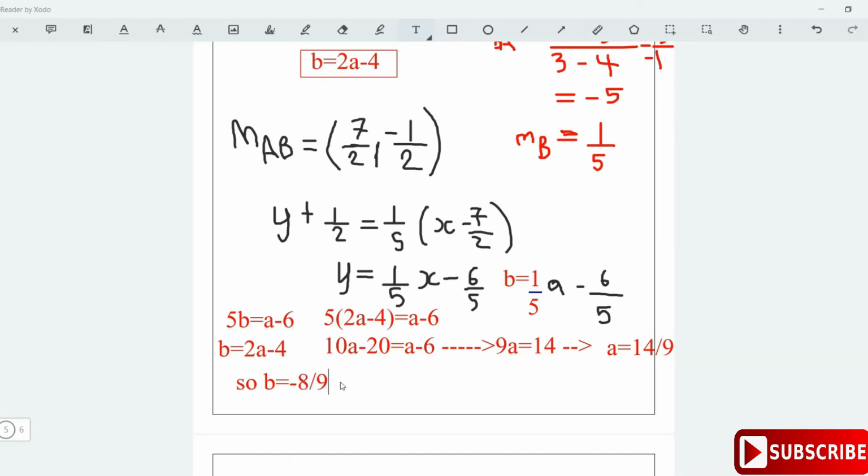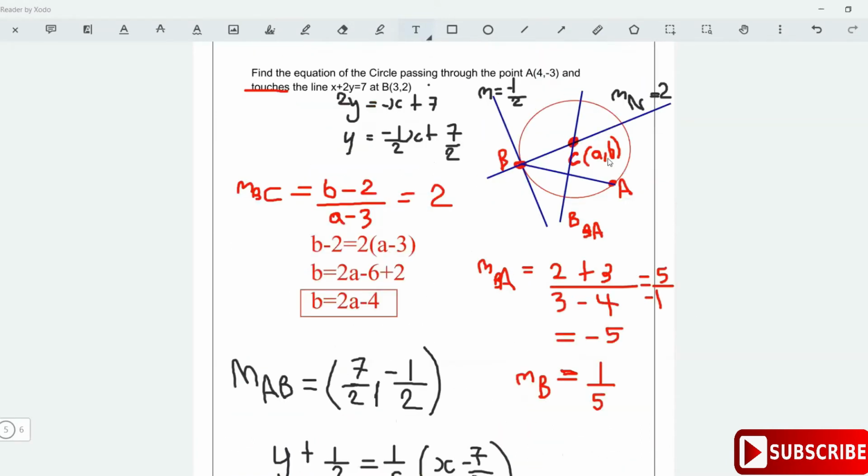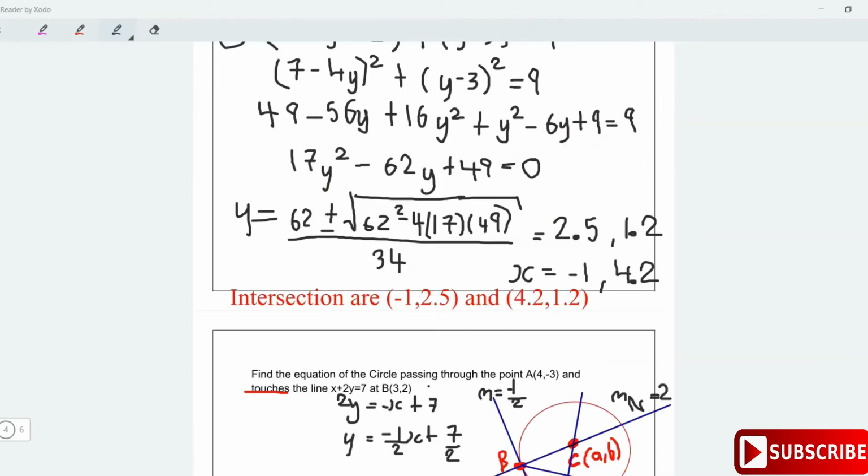Now that we get a and we get b, we'll find the center of the circle. So now we get the center of the circle. The center of the circle is 14 over 9, minus 8 over 9. So how is that helpful?